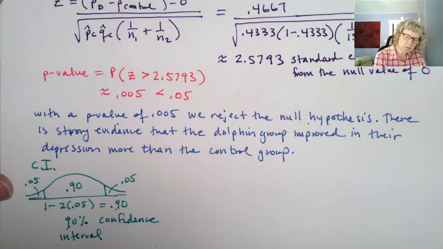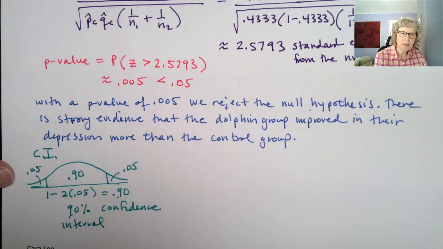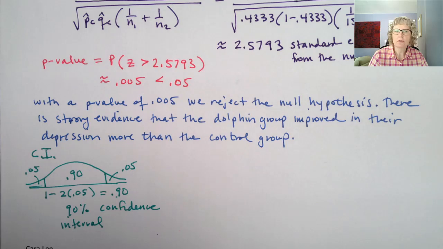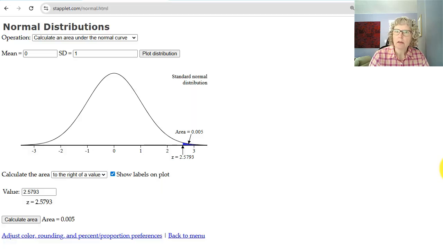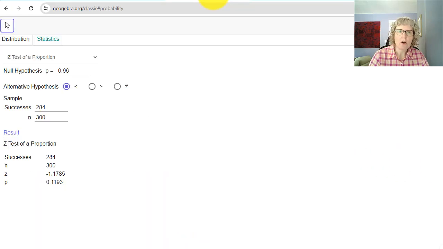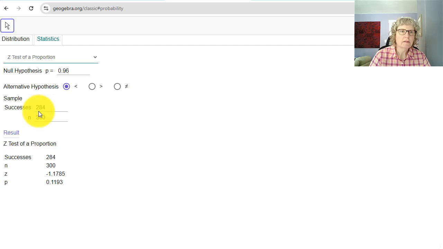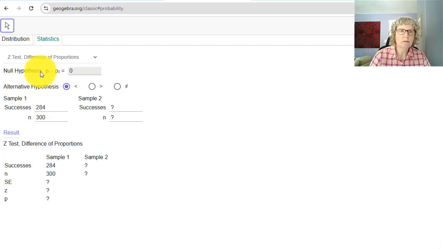confidence interval. Now we can do it on Staplet or StatKey, or GeoGebra. I'm going to go to GeoGebra because I want to check our p-value and everything on there. So I'm going to go to z-test for difference of proportions, and you can see it looks like you can edit that 0, but you can't.